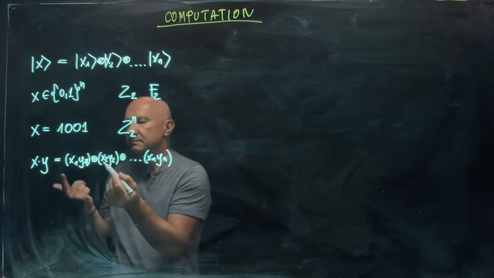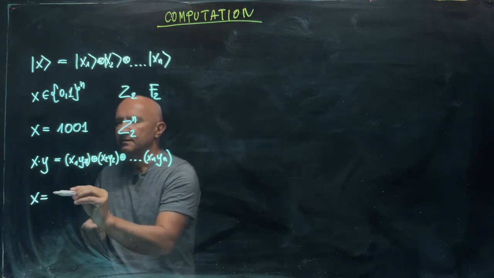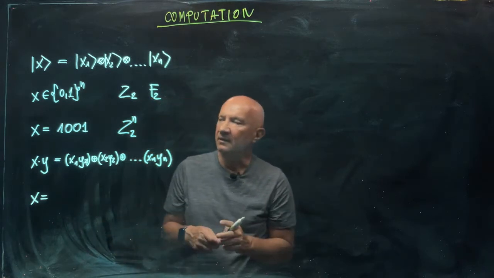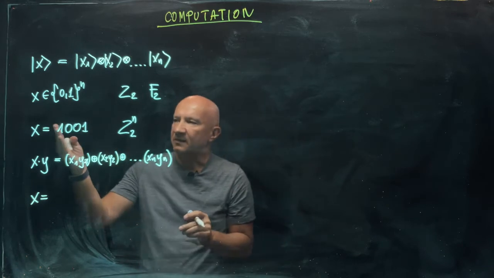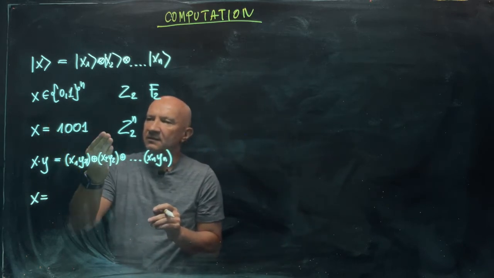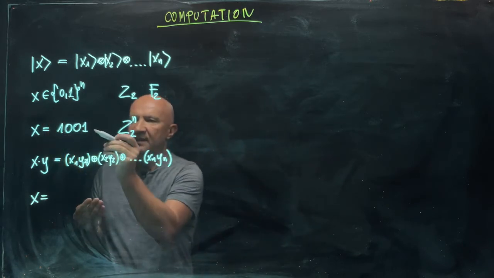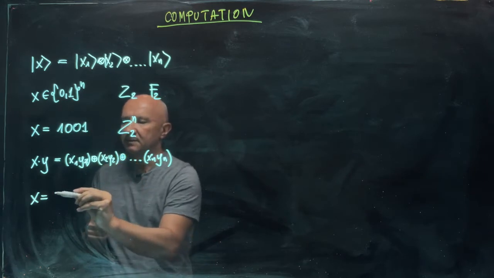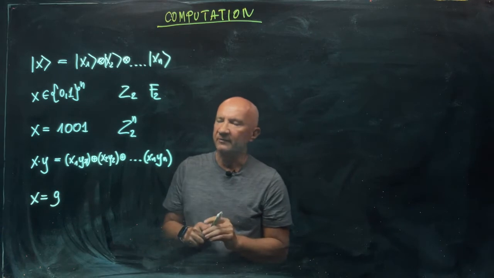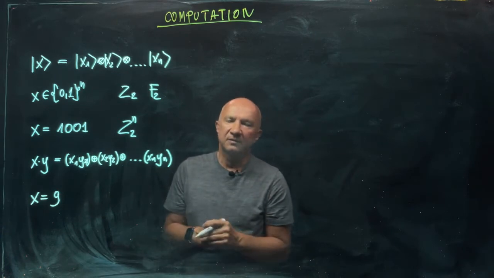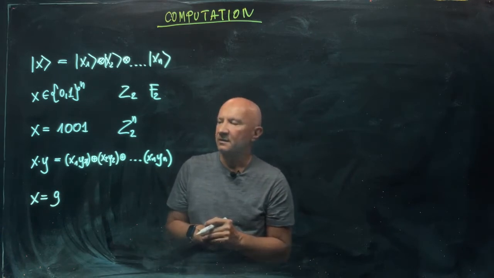Then again, you may think about your binary string representing something else. For example, x may represent a number in binary notation. In this case, you may think about this as the number 9, just the number 9 written in binary. And then you can think about operations on integers.